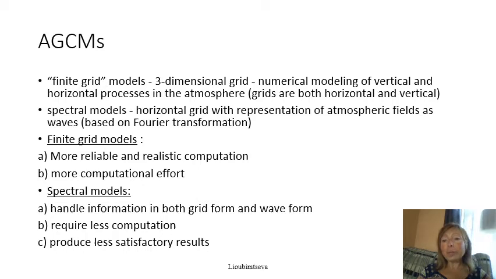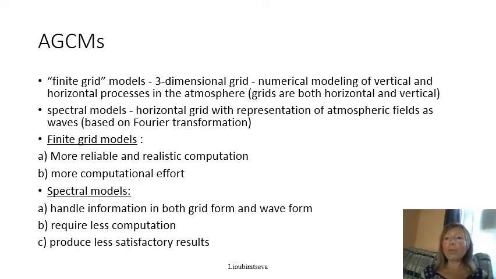Again, here is a little bit of history of climate modeling. When we think about atmospheric general circulation models, the atmosphere can actually be represented in two ways. Mathematically, it can be represented as a finite grid, as the three-dimensional grids that we just saw in the picture.